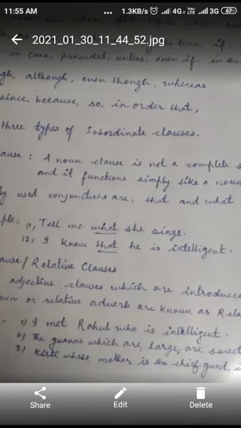Number two, I know that he is intelligent. There is conjunction that. I know, this is principal clause, and that he is intelligent is subordinate clause. इसको dependent clause भी कहते हैं, इसको subordinate clause भी कहते हैं.